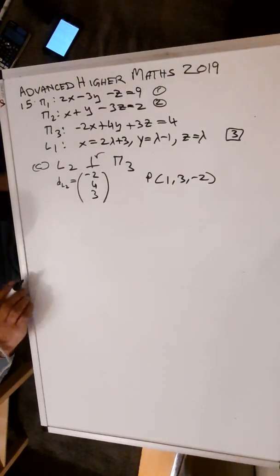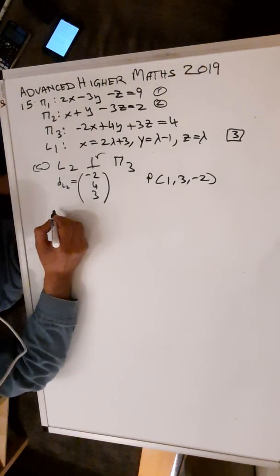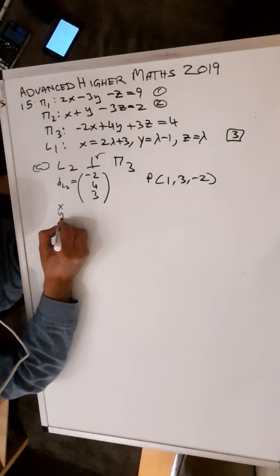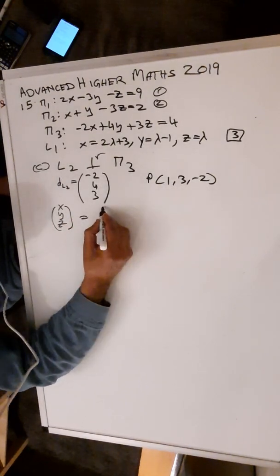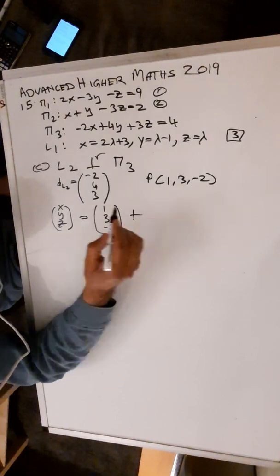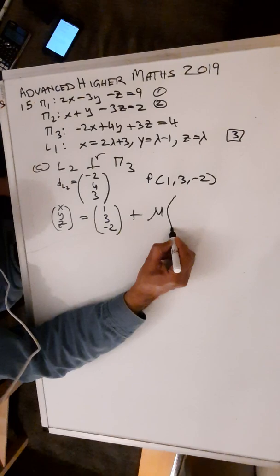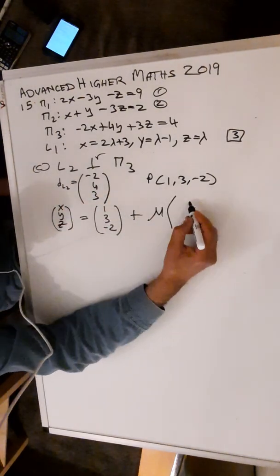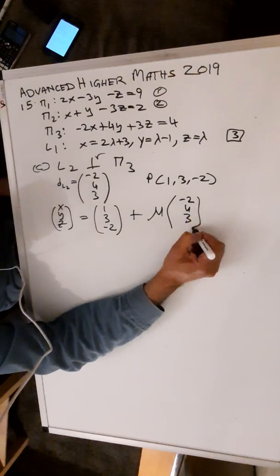So you need to work out your parametric equations here. x, y, z is equal to the point there, 1, 3, minus 2, plus, using a Greek letter, mu, times the direction vector of the line L2, which is minus 2, 4, 3.